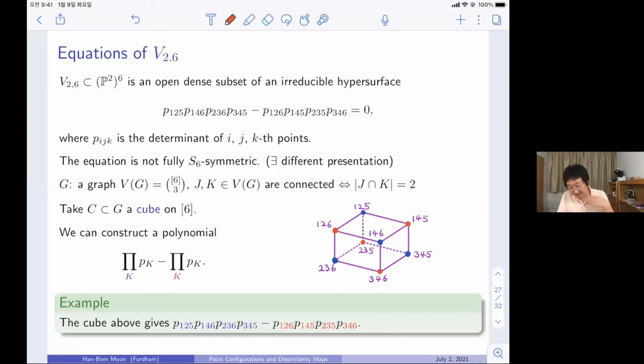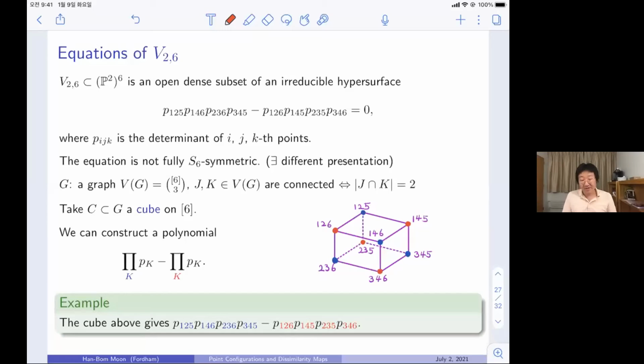Well, this equation was known even in the 19th, even the 18th century. This is an open dense subset of an irreducible hypersurface given by this equation, P_{123} P_{145} ... and so on, where P_{ijk} is the determinant of points i, j, k.